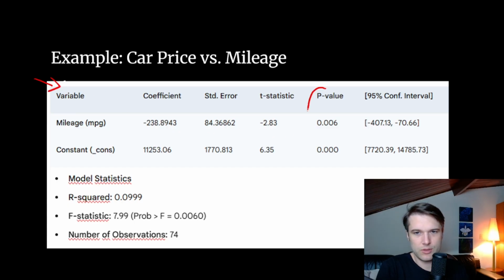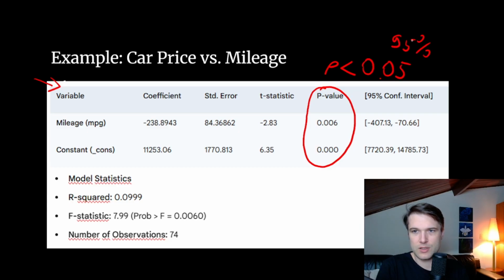The first thing you need to look at is the p-value, to see if this variable is relevant. If the p-value is smaller than 0.05, considering a 95 percent confidence interval, then this coefficient is significant.